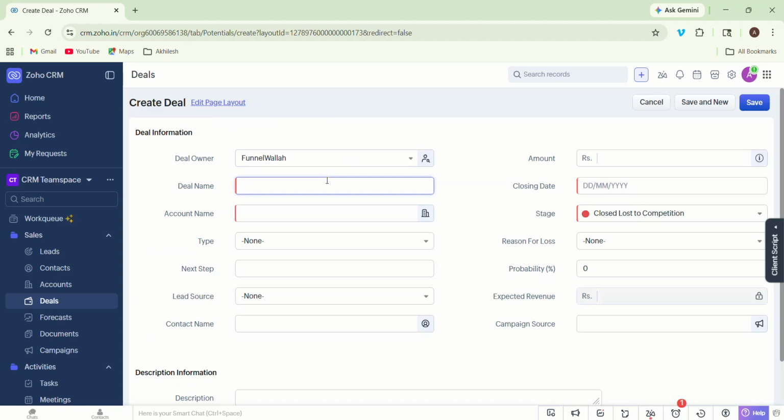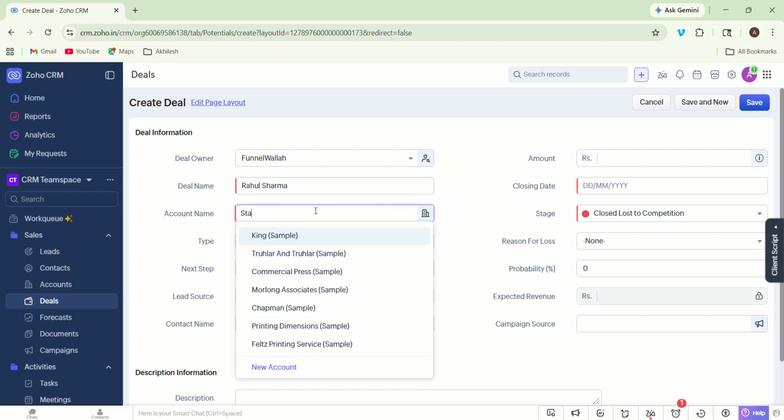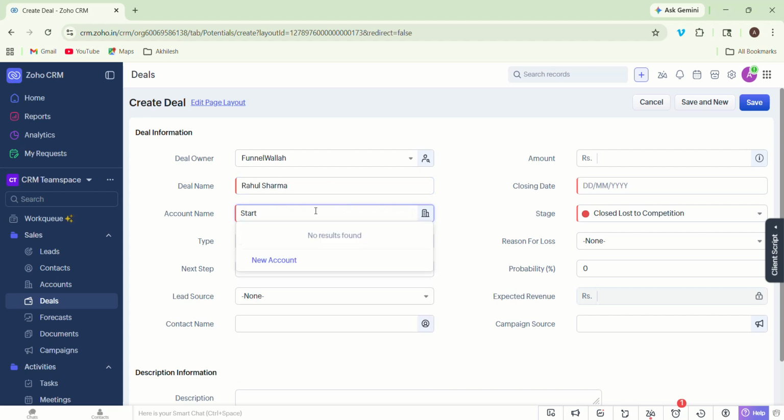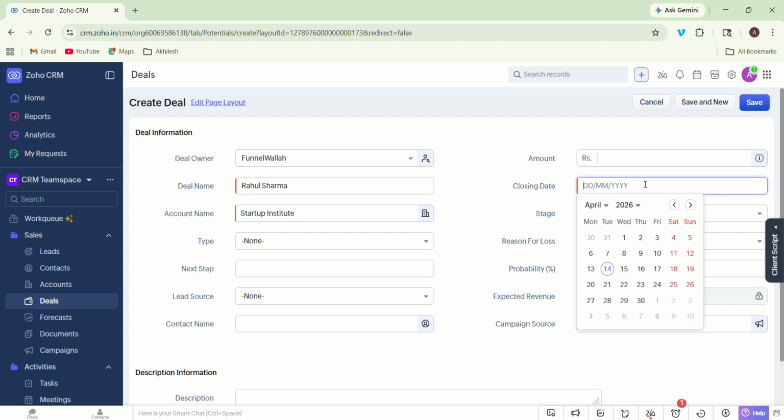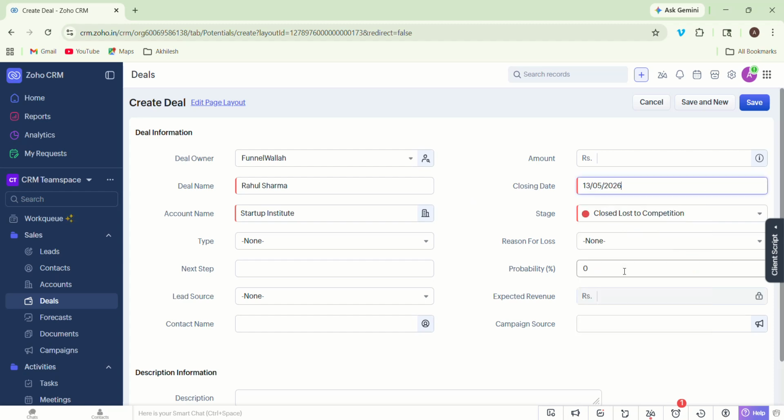So we'll call him Rahul Sharma, Startup Institute. Call it like this. And we can look at closing date somewhere in the month of May, maybe 13th May. Okay, we can set the stage as application received. So look, it shows probability as 10.